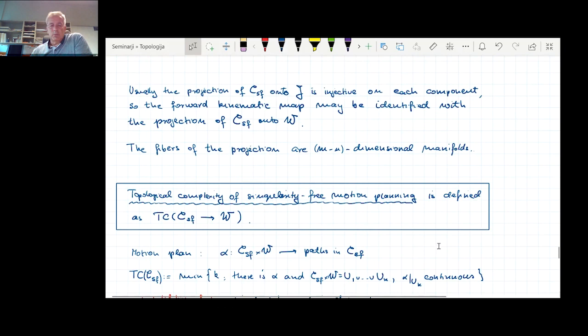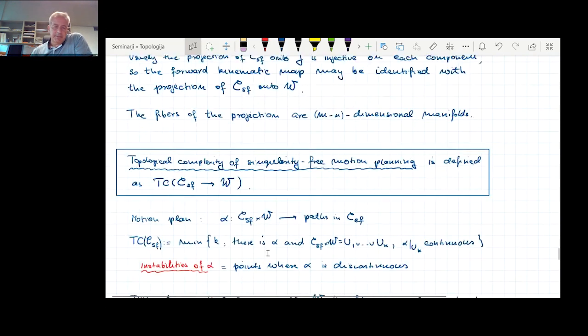Now I return to what I explained before. The motion planning is essentially splitting the set of all input data, which is the configuration space cross the workspace, so initial positions and prescribed positions of the machine, which should give us output paths in the space of positions, of configurations of the robot.